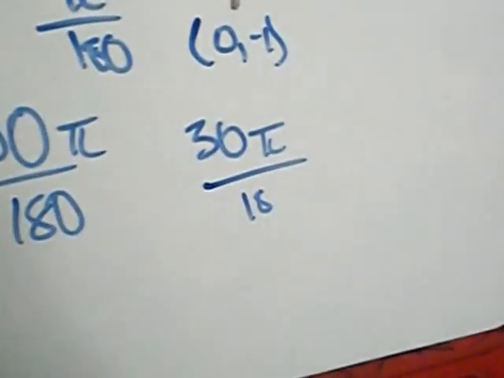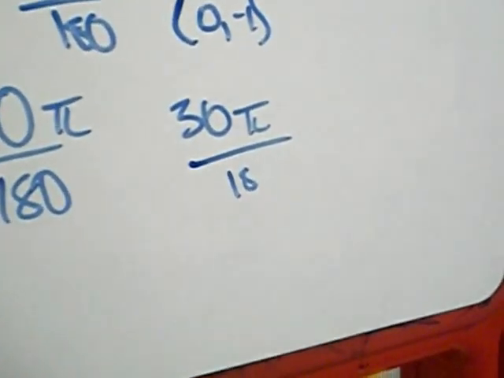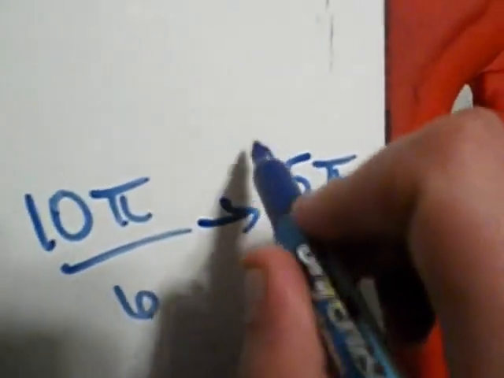Why does that not sound right? Oh, I got it. So it'll be 10 pi over 6, and then you divide that by 2 to give you 5 pi over 3. And that would be your answer in radians. Alright? And that's only for the 300 degrees though.